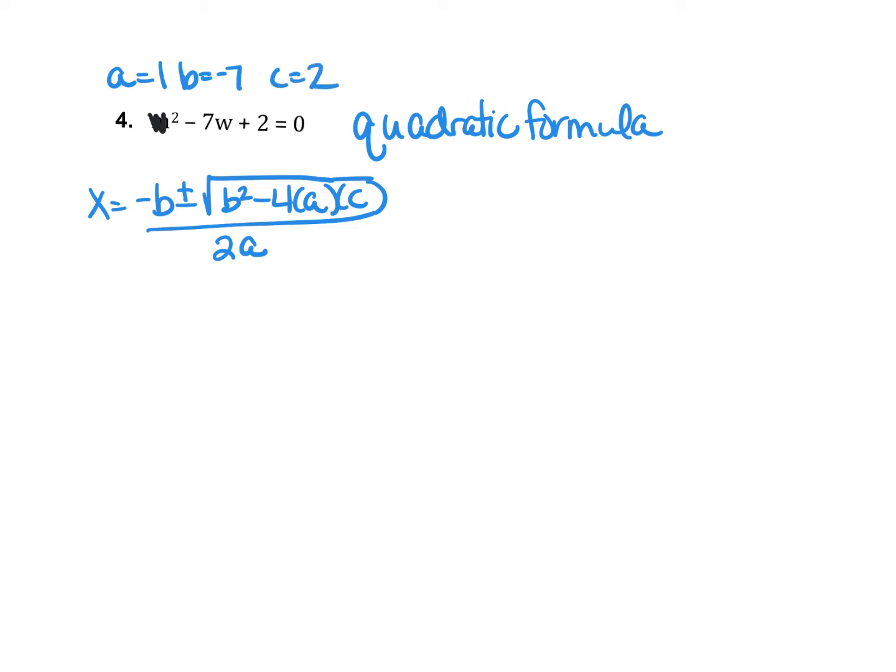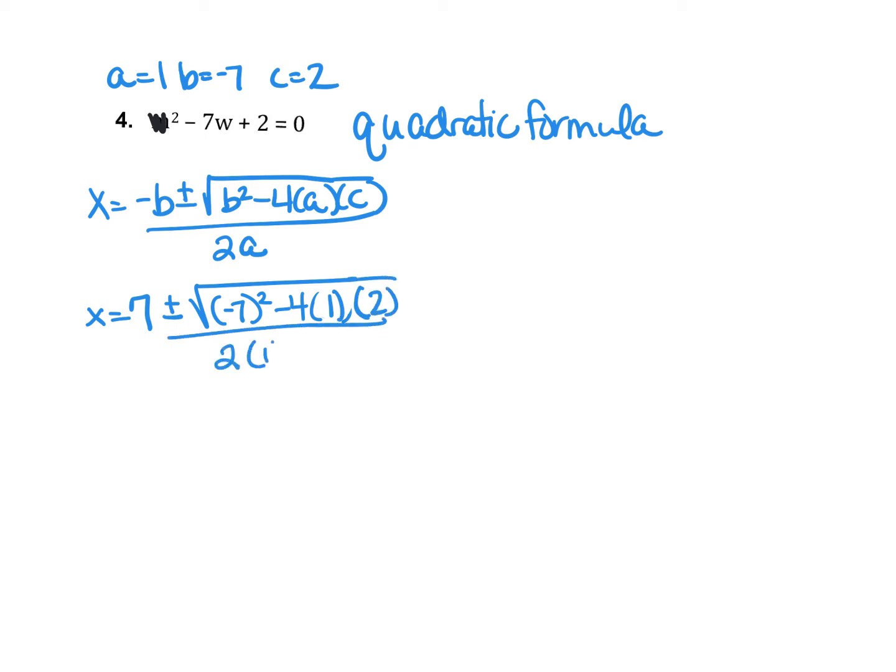All right, so negative negative 7, you're going to have 7 plus or minus the square root, and again, remember you'd plug in the negative 7 squared minus 4 times a, which was 1, times 2, all over 2a, which is 2 times 1.